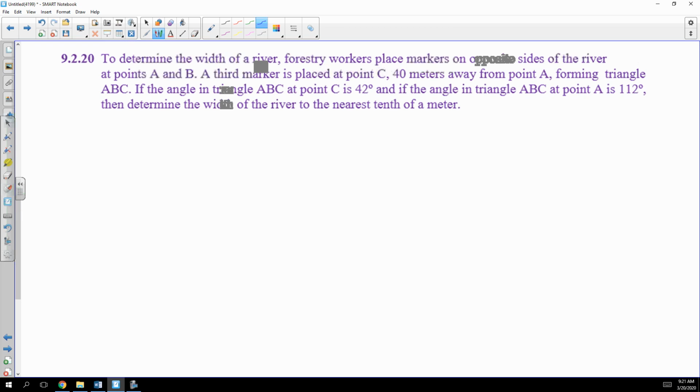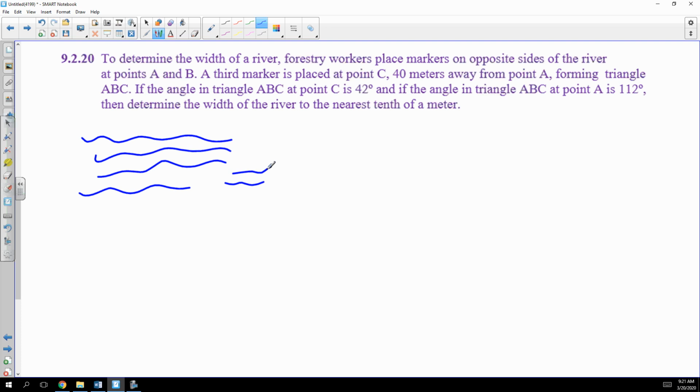You want to determine the width of a river, and you've got markers on opposite sides. They're going to actually draw a picture for you, so it's going to be a little bit easier to see. I'm just going to kind of draw a river right here, okay, and you've got markers on opposite sides at point A and point B. So I'm going to put a marker at A. A third marker is placed at point C, 40 meters away from point A. All right, so I'm going to put C here.